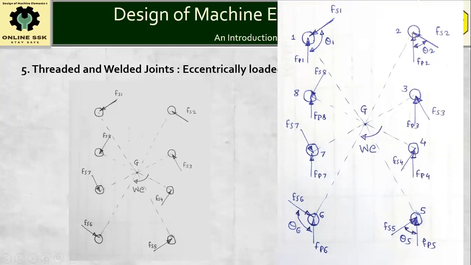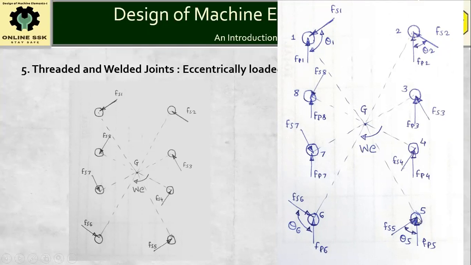Due to symmetry, the resultant force at bolt number 2 as well as the resultant force at bolt number 5 will be the same. So any one of these two, bolt number 2 or bolt number 5, will be declared as the critically loaded bolt, and resultant shear force for either will be calculated, and further analysis will be based on the resultant force experienced by this critically loaded bolt.